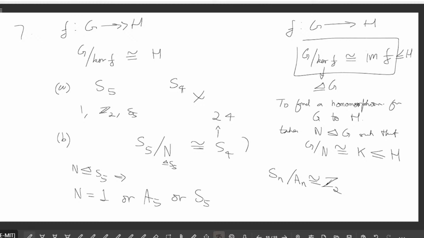So the only possible quotients that you can get are these: S5, Z2, an order 2 group, or the trivial group.